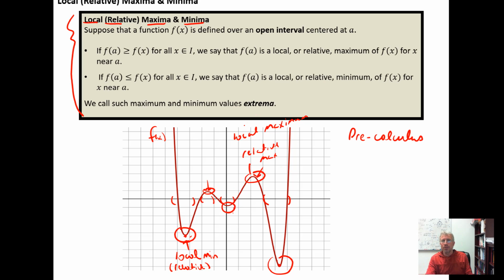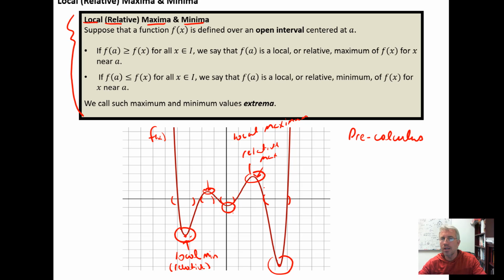And so in pre-calculus, what you did to identify the locations of the minimums and the maximums over open intervals is you just looked at the graph and you used the picture to identify where those maximums or minimums were. And the idea now is we want to be able to use calculus to identify the location of the maximums and minimums locally.